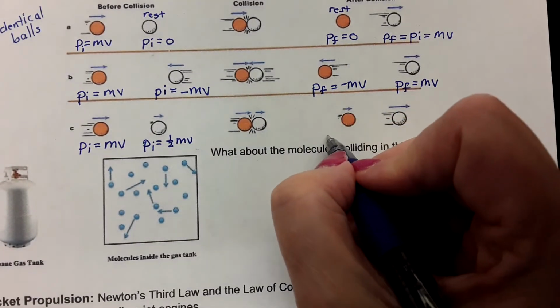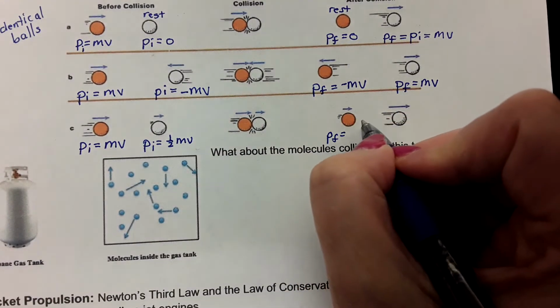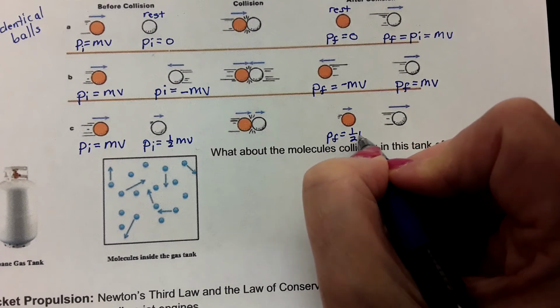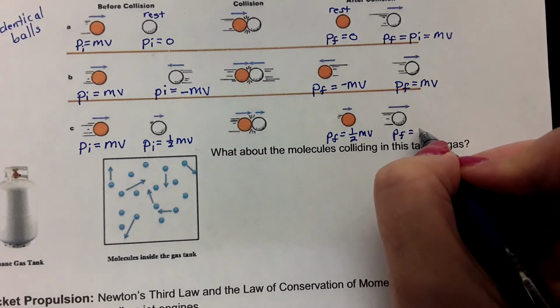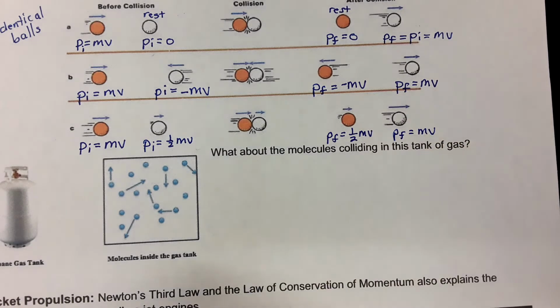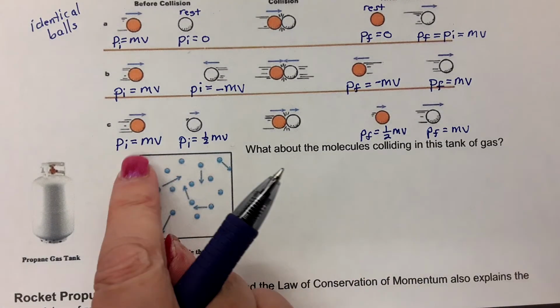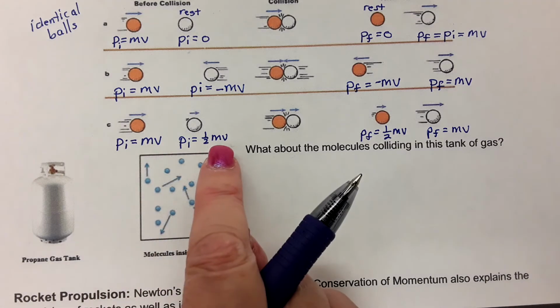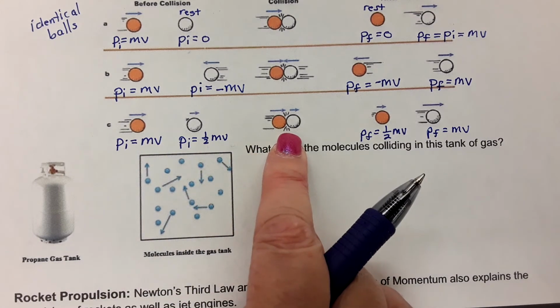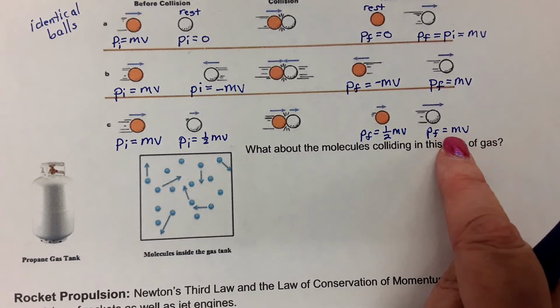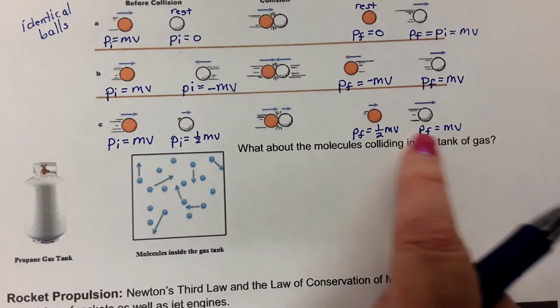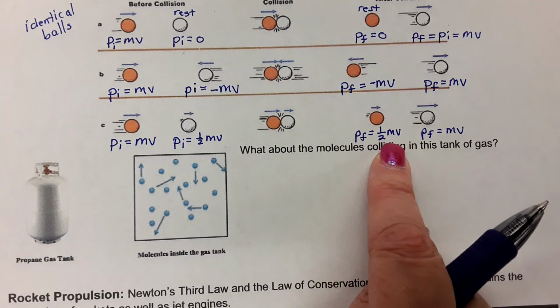Now, after collision, the final momentum of this ball is 1/2 mv, and the final momentum of this ball is mv. So what happened? Well, the orange ball gave half of its momentum during the collision to the white ball. So now the white ball has a whole mv, and the orange ball only has the half.